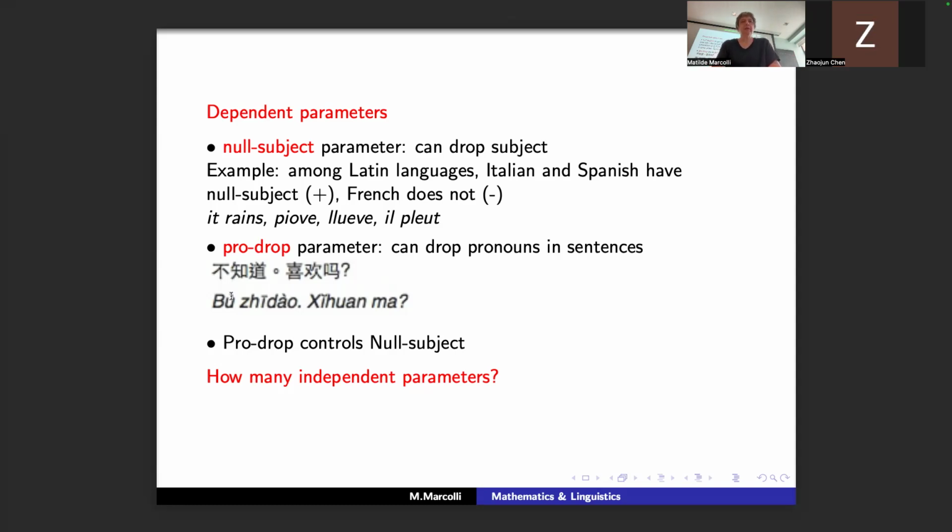So as I said, there are other examples. The point is that there are lots of examples where the dependencies between parameters are explicitly known, but there are also lots of examples where it's known that there are dependencies between parameters, but they're not explicitly understood. There are databases where some hundreds of these parameters are classified for several languages.